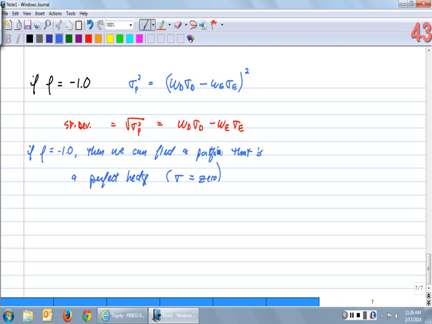Okay, and it's pretty easy for us to find the weights that will do that. So let's go back and start with the formula that we just had up here. We've got the standard deviation of a portfolio, if we assume negative 1 correlation, is WD sigma D minus WE, the weight in E, times its standard deviation.